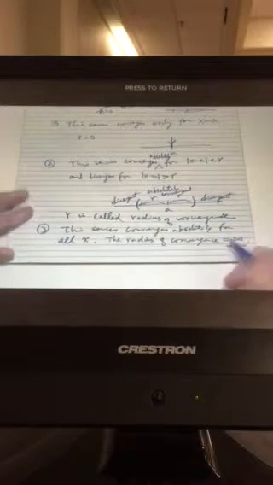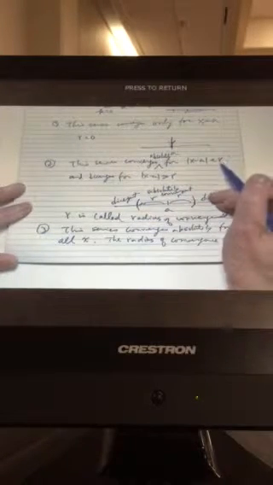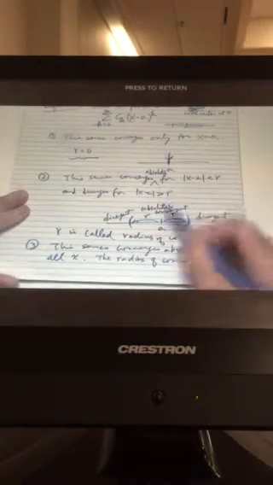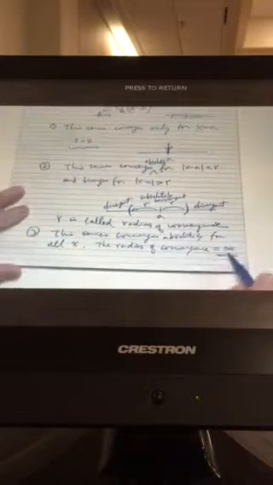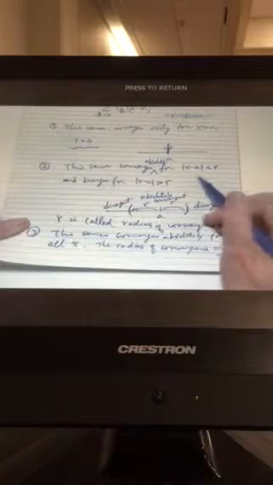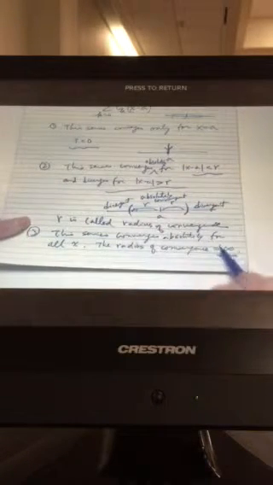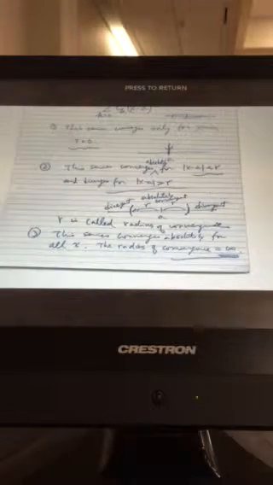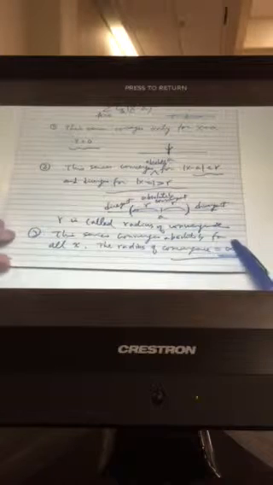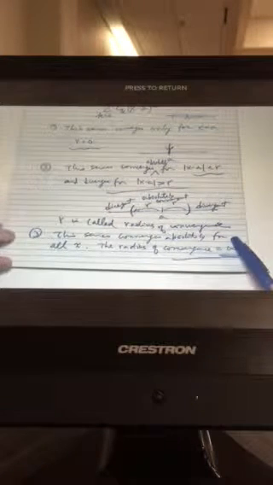So there are only three possibilities: either it is 0, or it is a finite number, or it is infinity. Only three possibilities: this, or this, or this. And this particular number R is called the radius of convergence.